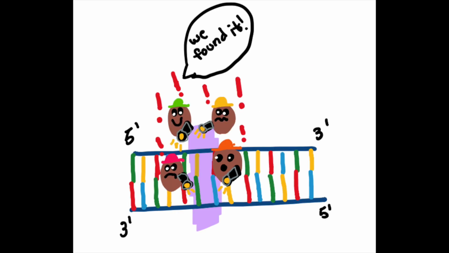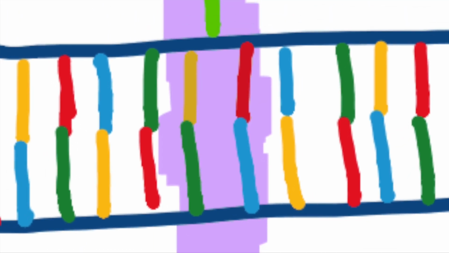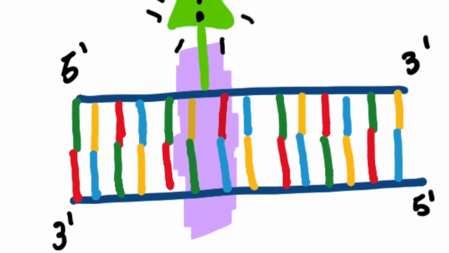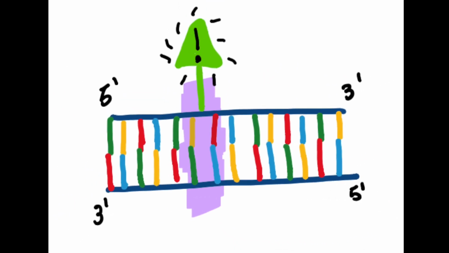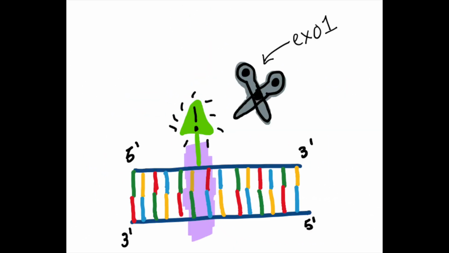The MMR proteins will basically walk along the DNA strands to see if there are any mistakes. Once they find a mistake, they leave a warning, and that recruits exonuclease 1, which is an enzyme, and this will cut out the chunk of DNA that has the mistake in it.